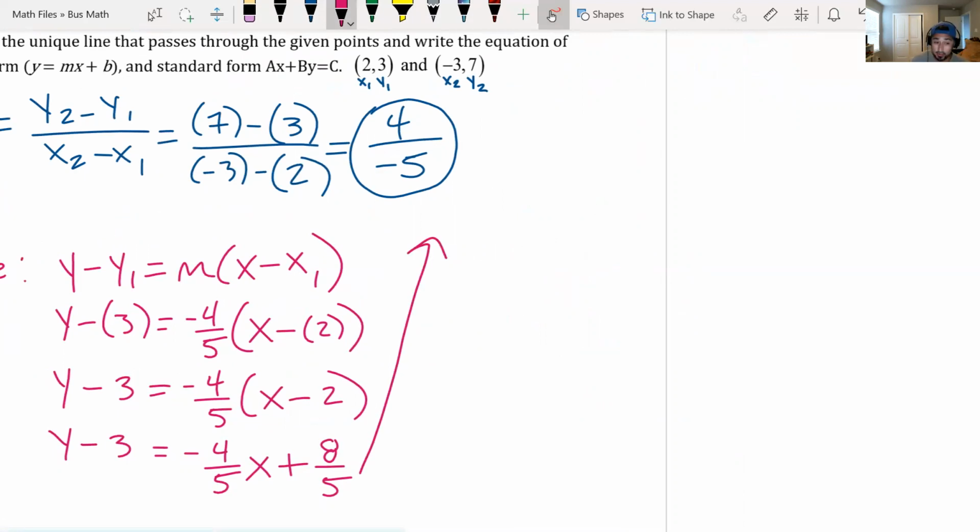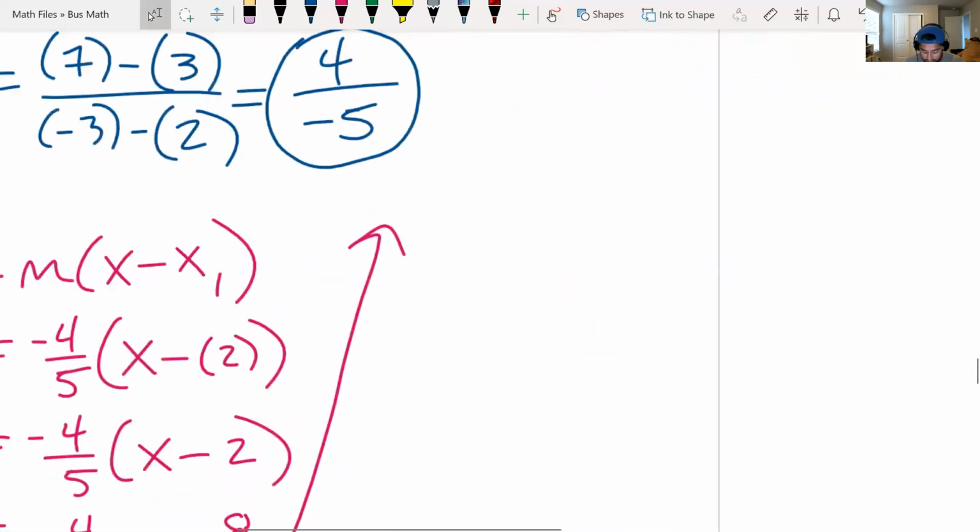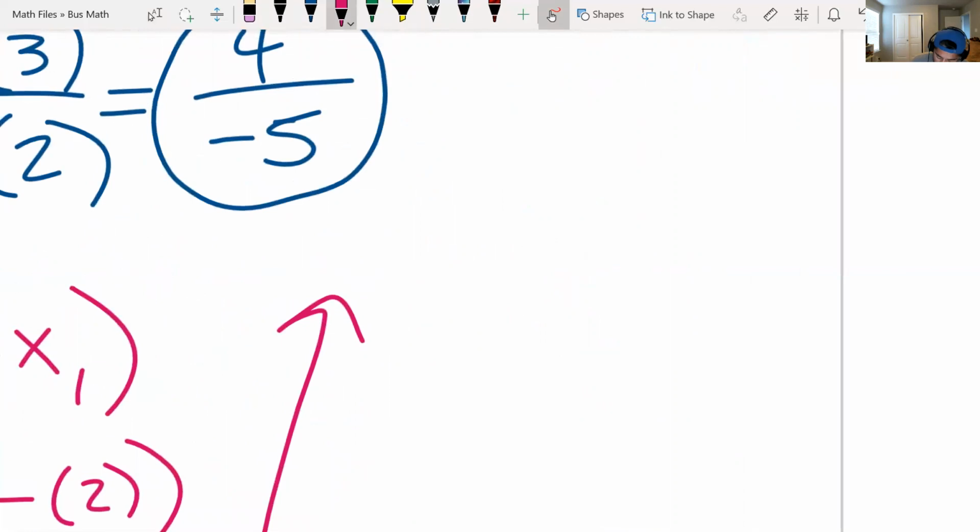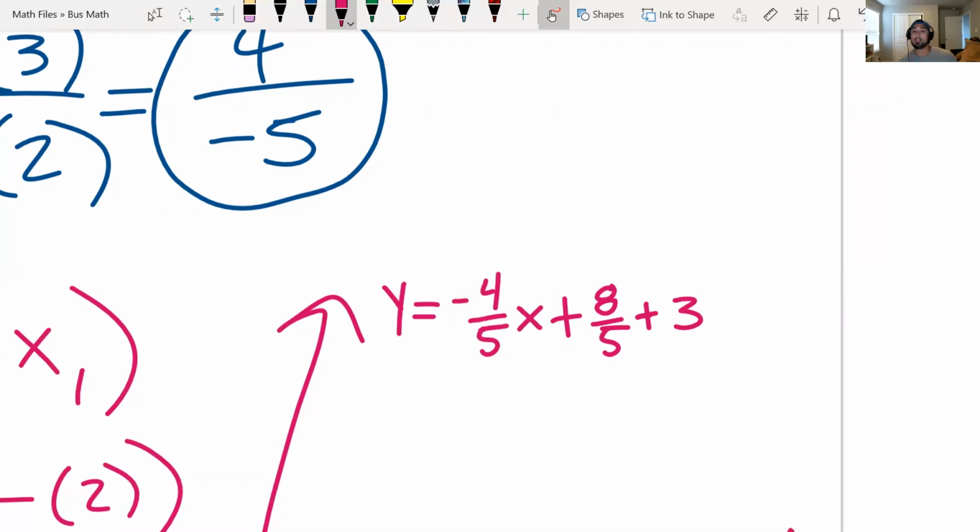You're going to add the 3 over, which will give me, here I can zoom in now, y equals negative 4/5 x plus 8/5, gross, plus 3. Oh, just awful, right?